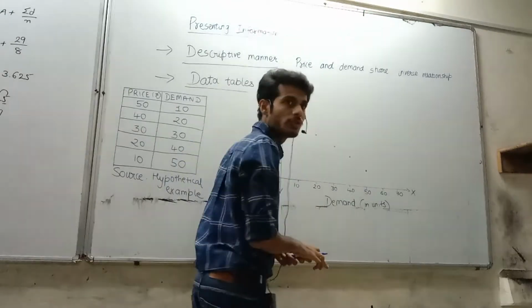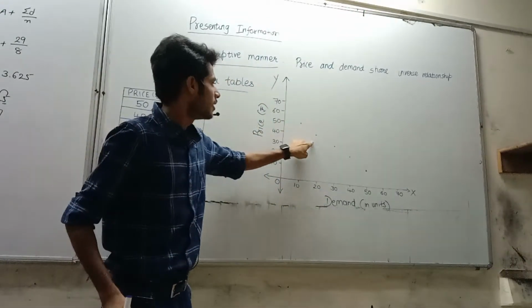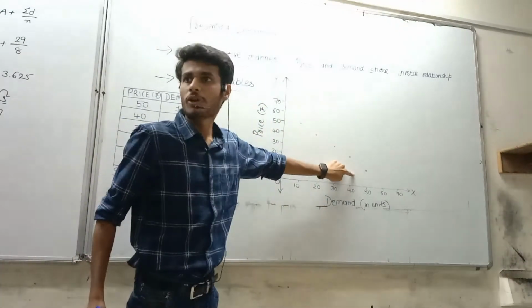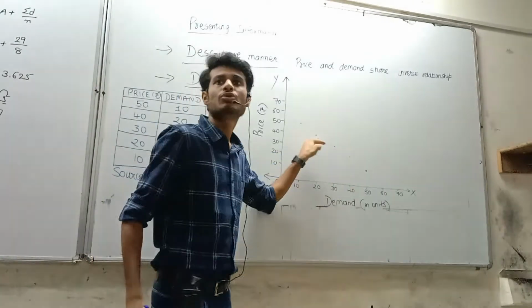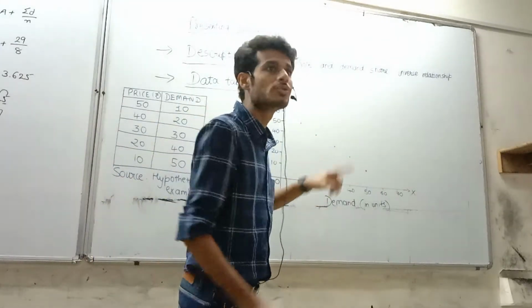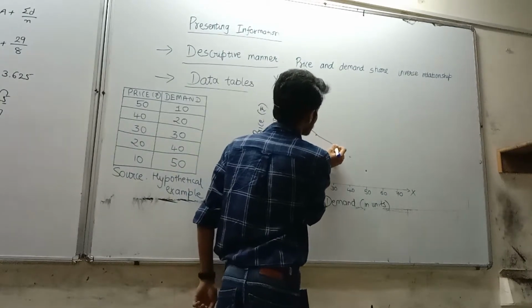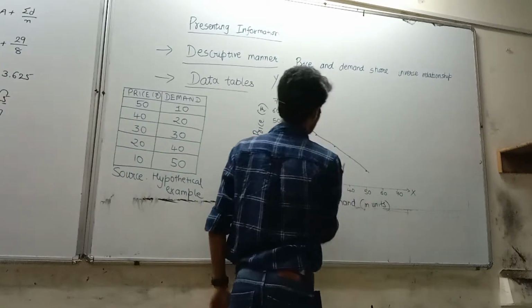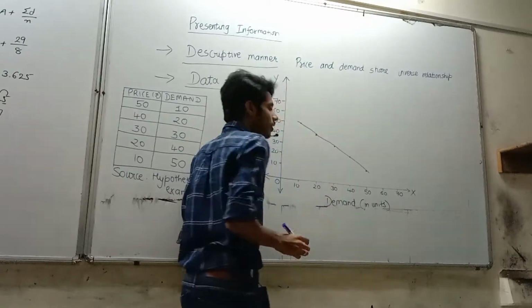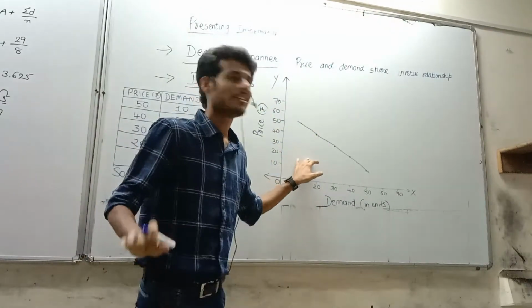Now what you have to do is, the dots that you have plotted, you have to join these dots using a straight line. Assume that this is a straight line. Okay.